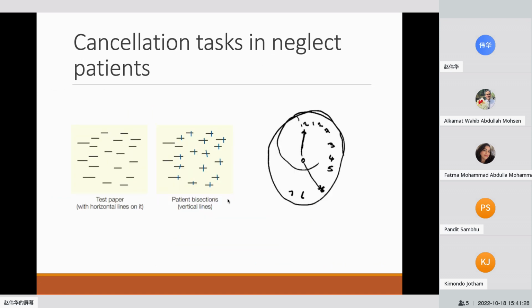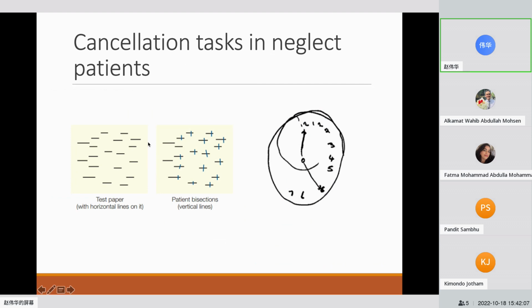There are other ways to show this. Patients suffering from neglect are given a sheet of paper containing many horizontal lines, and under free viewing conditions are asked to bisect the lines precisely in the middle with a vertical line.